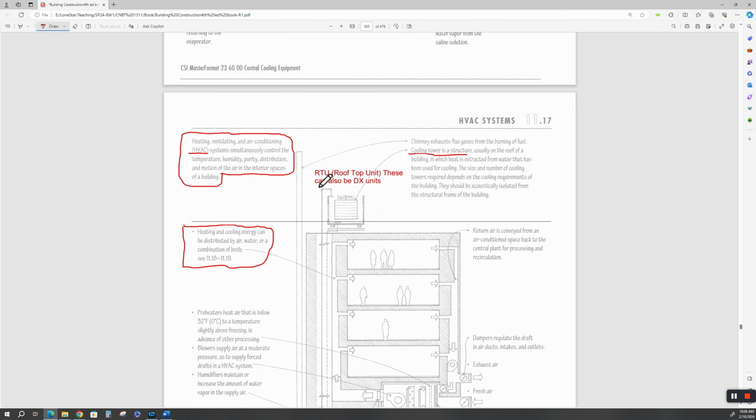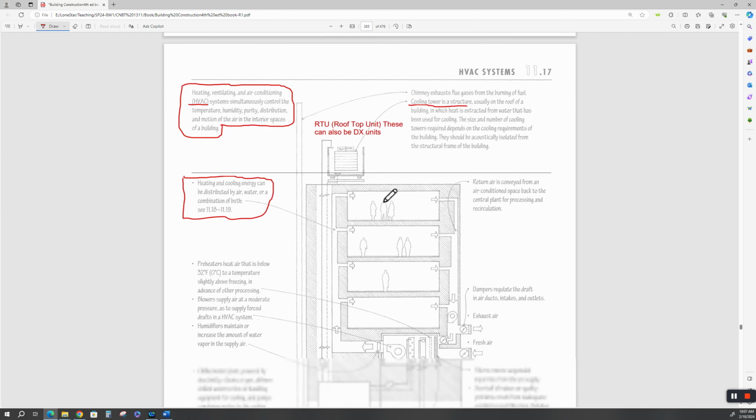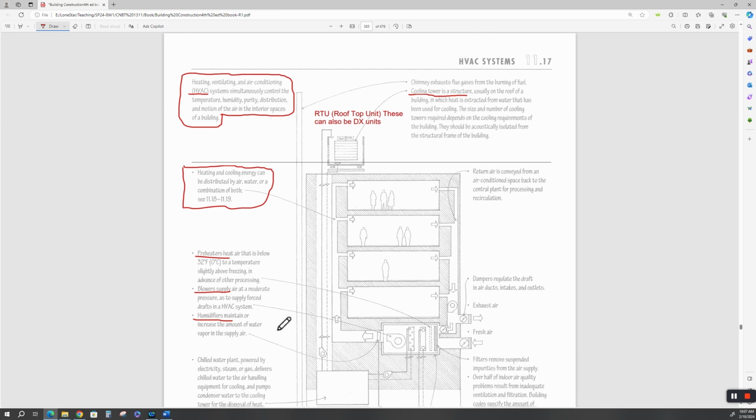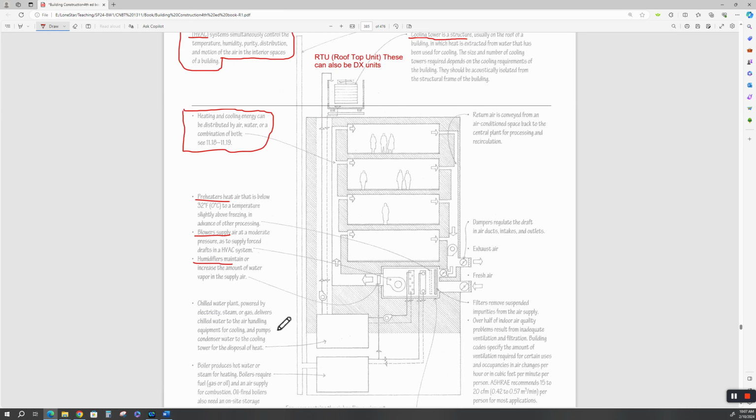We have rooftop units, and RTU is referred to as a rooftop unit. These can also be DX units set on the roof and a curb. We have preheaters in these systems. You got blowers that supply, you got humidifiers, and in some cases you may have to have a dehumidifier.